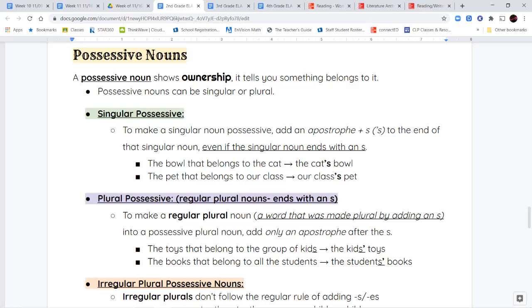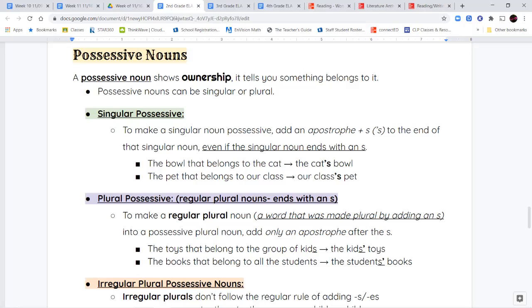We're used to adding something different when a word ends with an S, but for a singular possessive noun, we add an apostrophe and an S to the end of it. So instead of saying the bowl that belongs to the cat, I say the cat's bowl, spelled C-A-T apostrophe S. If I say the pet that belongs to our class, I can say our class's pet. So our class, apostrophe S, pet.